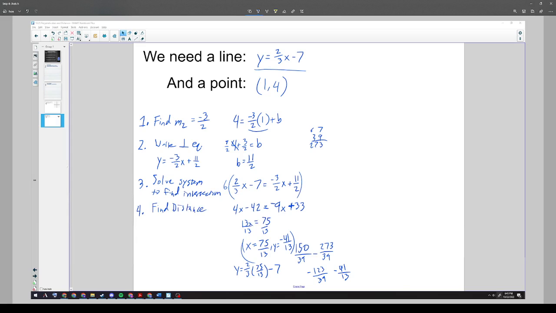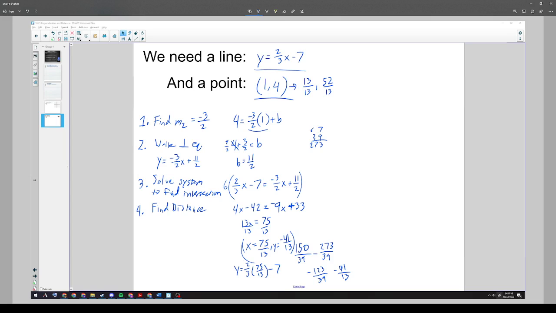So we're going to use the 2 points, the nice point here and the terrible point here, and we're going to find the distance between them. So first of all, to make that easier, I'm going to rewrite this as 13 13ths, comma, 52 13ths. So that way I can easily figure out.